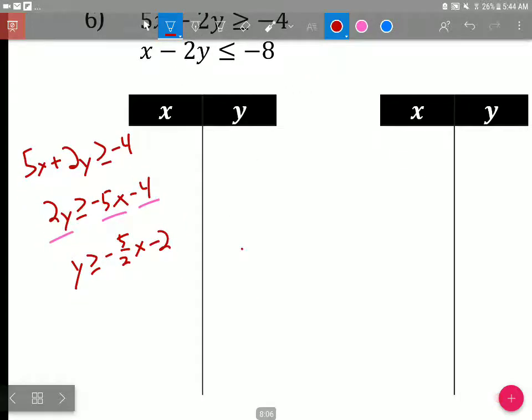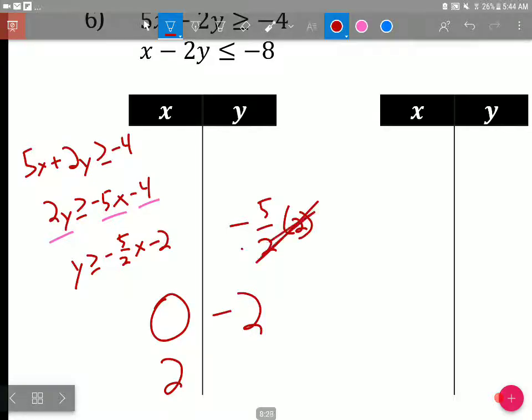All right, so let's pick our points. Let's do 0, because that cancels that out. We get a negative 2. And let's pick your denominator. Let's pick 2. Here's why, because again, negative 5 over 2 times 2 cancels that out, minus 2.